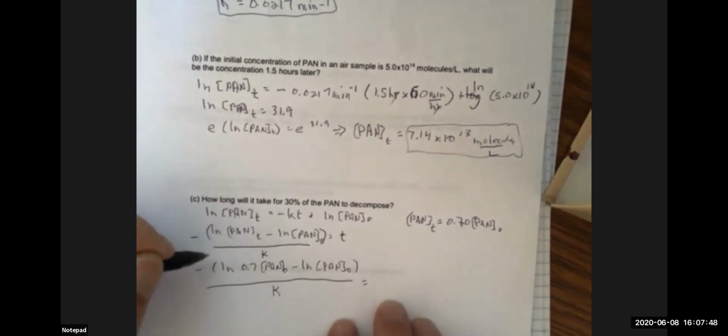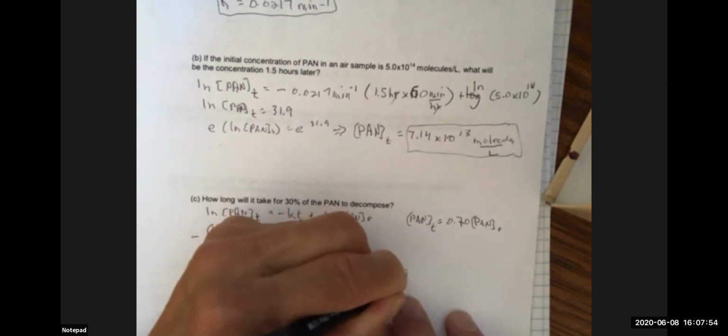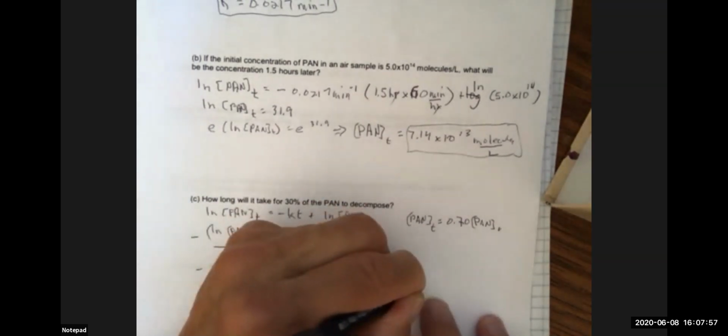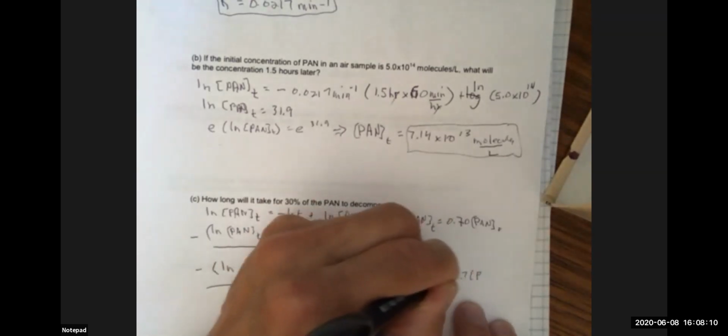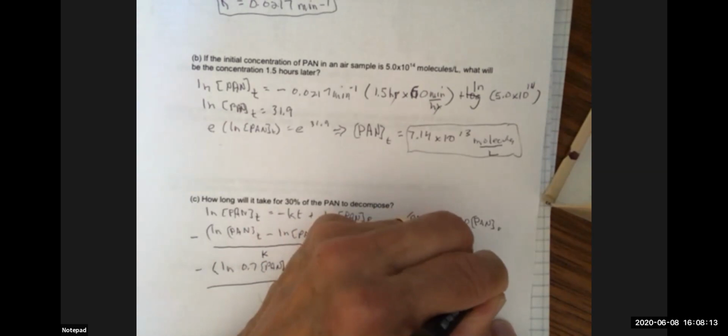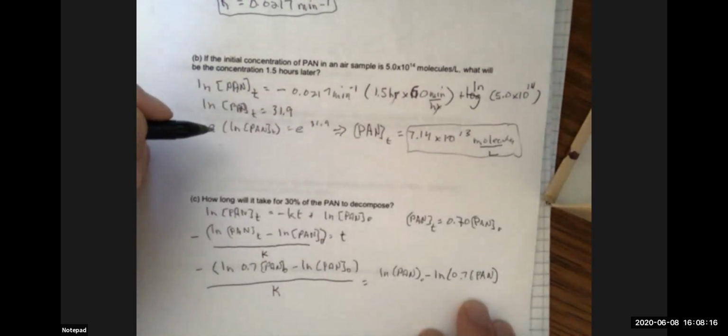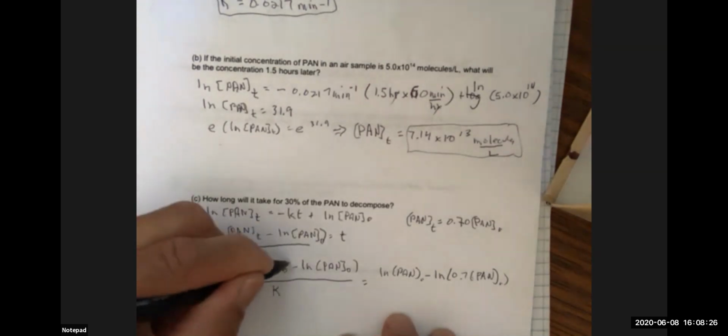If we clear the parentheses, we end up with the natural log of PAN 0 minus, times a minus is a plus, minus the natural log of 0.7 PAN 0, divided by k.